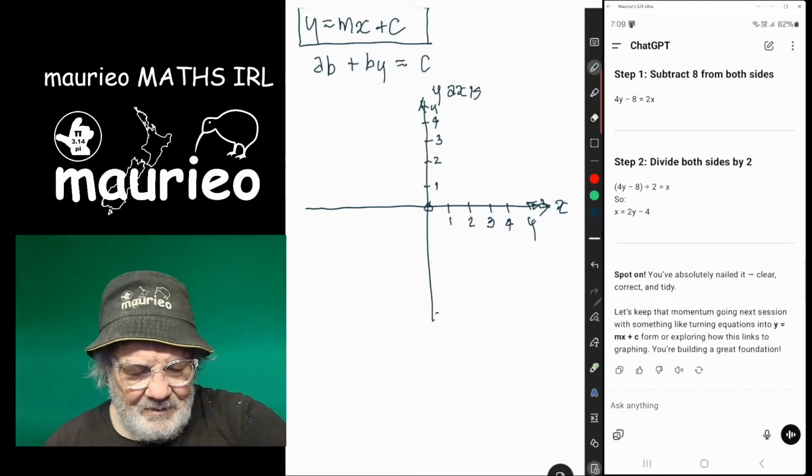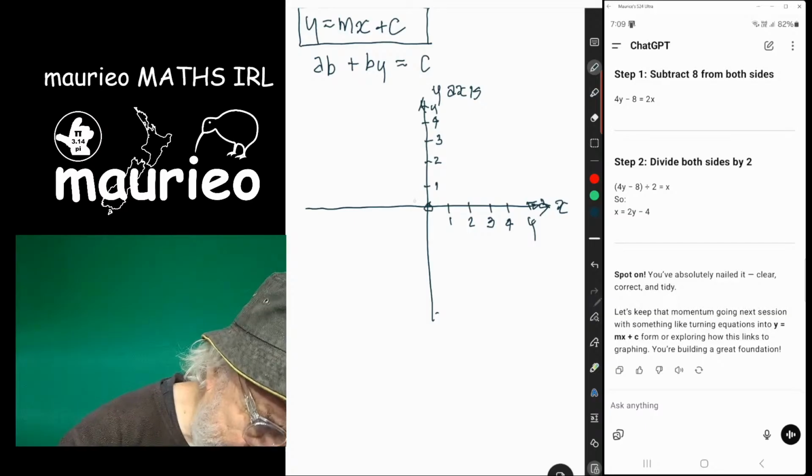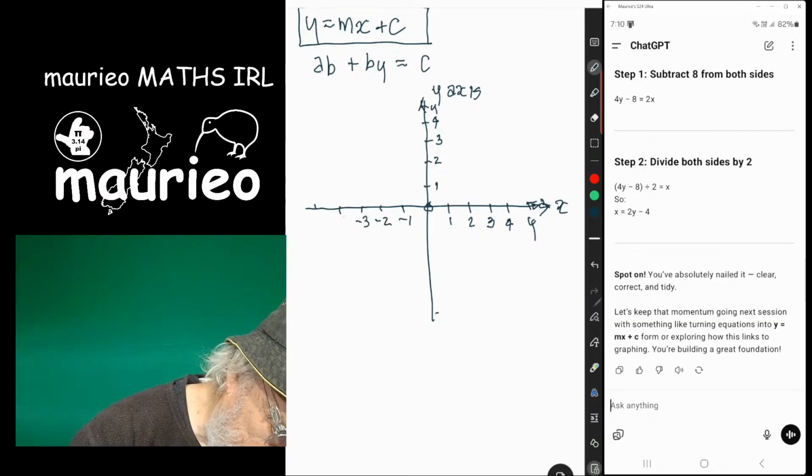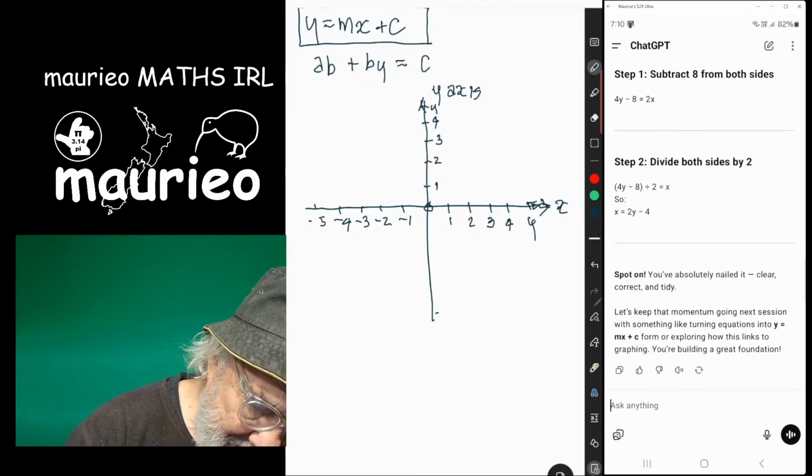Now what happens over here is the negative x part of the x-axis. So that would be -1, -2, -3, -4, -5.